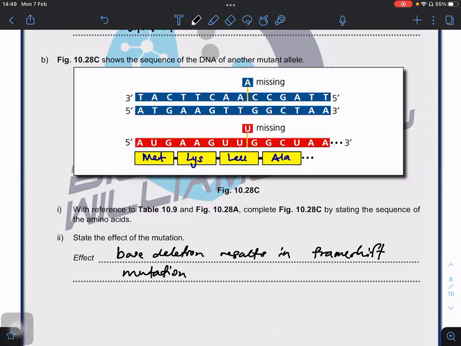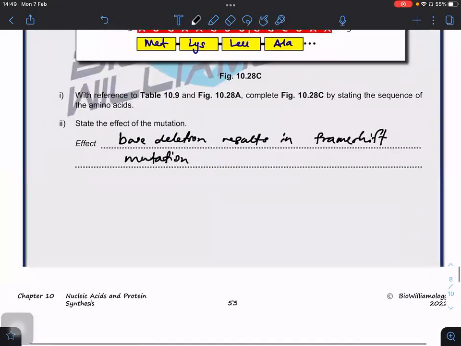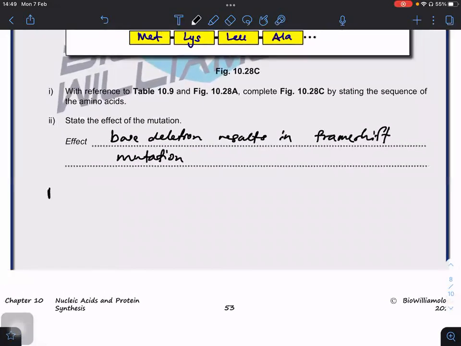Okay, now next. Before we proceed to the next example, I'm going to show you guys these 2 examples, or 2 scenarios. So we have the base deletion. We have 21 nucleotide bases deleted, sorry, not 22, my mistake, 21 nucleotide bases deleted in case number 1.